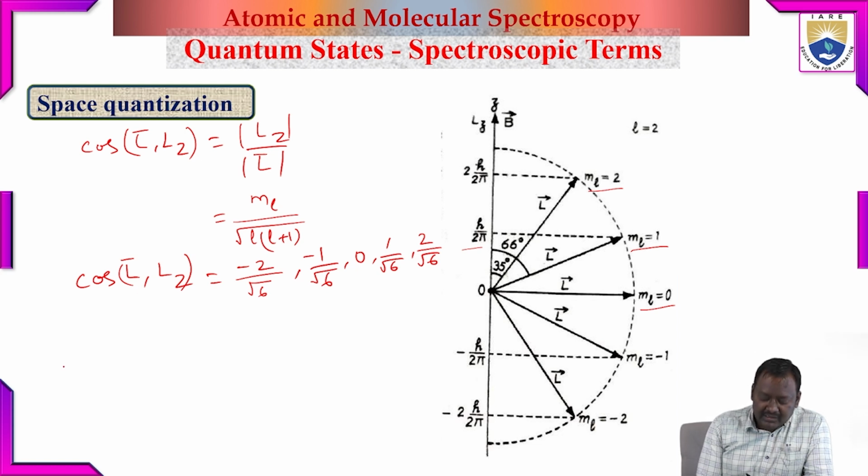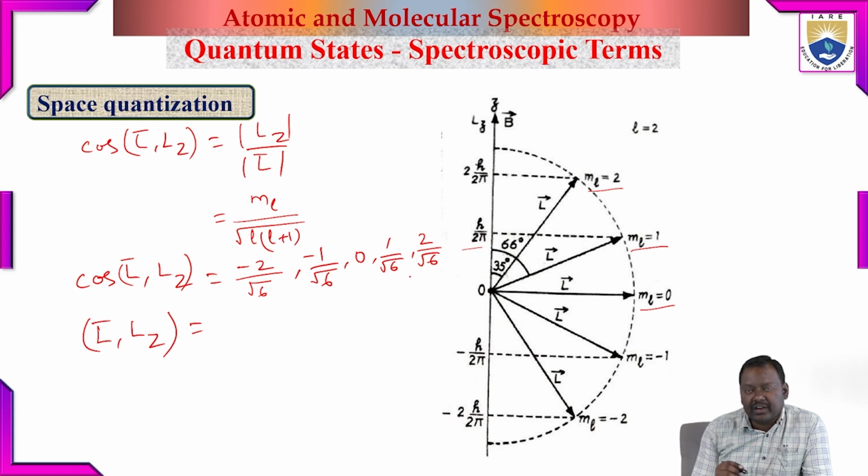If we calculate the angle between L and Lz, that means cos inverse of all these values individually, cos inverse of -2 by root 6 gives 135 degrees.